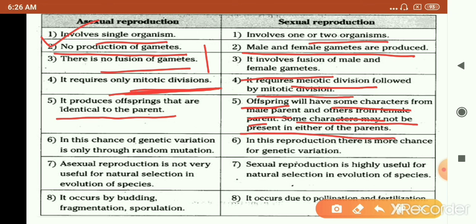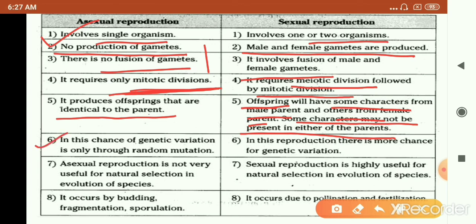It's all because of the new combinations that happen because of crossing over, the reshuffling of chromosomes or genes during meiosis or gamete formation, and the random pairing of chromosomes during fertilization.